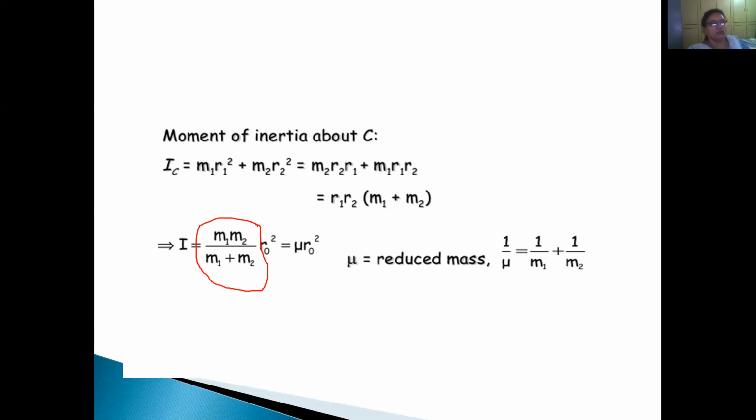If we take out R1 R2 in common, we get (M1 plus M2). Now, I is equal to M1 M2 by (M1 plus M2) times R0 squared, that is nothing but mu R0 squared, where mu is the reduced mass. So mu is called the reduced mass, and I is equal to mu R0 squared.